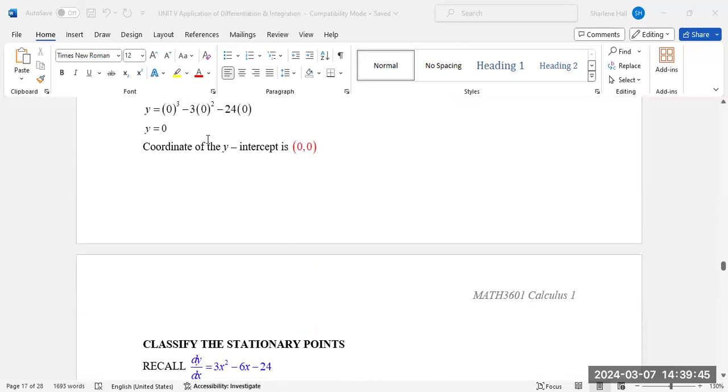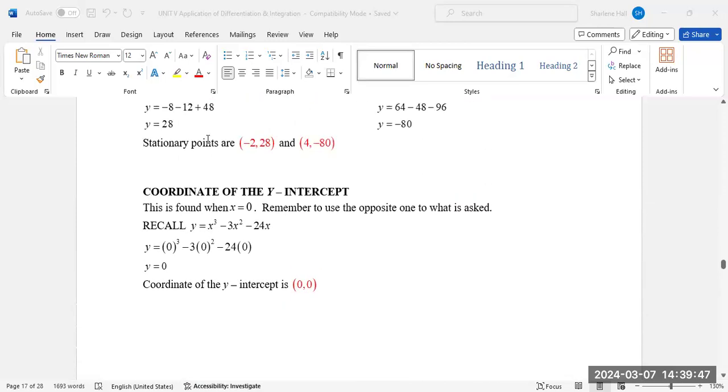What about the stationary point? Which one of them is maximum and which one of them is minimum? The negative 18 is maximum and the positive 18 is minimum. Repeat.